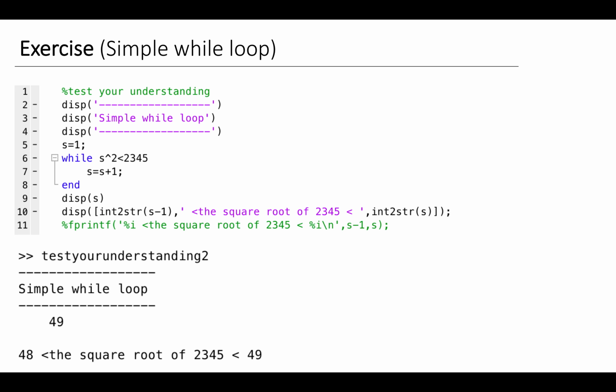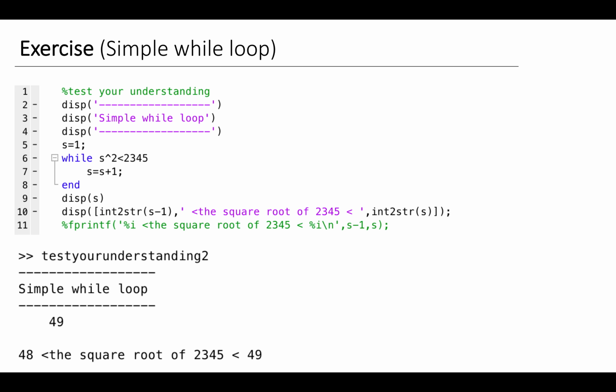And if you hit run in Matlab, the output is as follows. So you've got the heading, just some text that I like to use. So this was just a simple while loop, so I put that. The test your understanding two, that's just the name of the file in Matlab. It just gets printed at the top. The 49 is coming from line 9, so it's just printing the answer after the while loop.